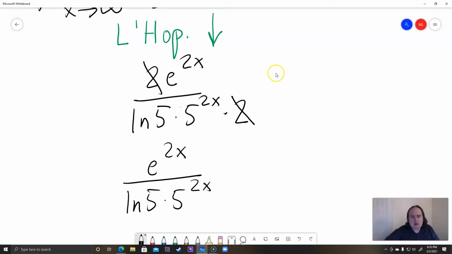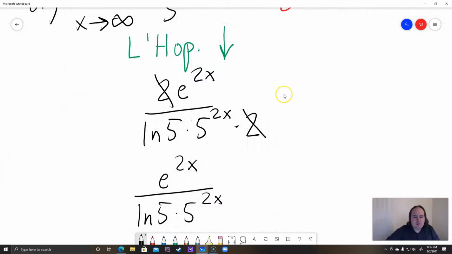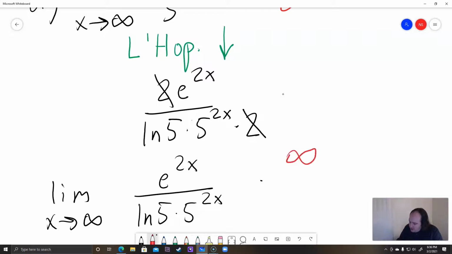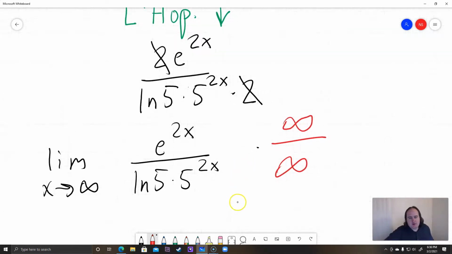Now the problem here with this limit is if we plug in infinity again, we're still going to get infinity in the numerator and infinity in the denominator. So what we're going to have to do with this limit is we're going to have to be a little bit more creative.